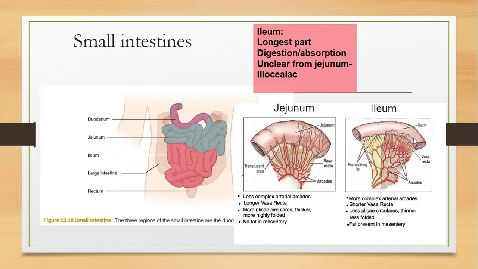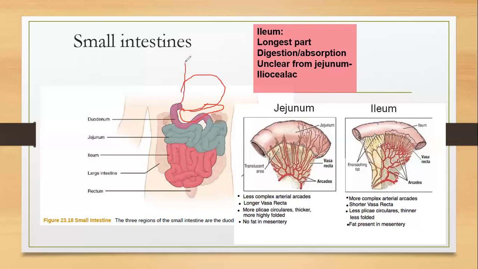So one way of distinguishing the 3 parts is number 1, you find that the duodenum forms a C shape around where the stomach is. So the stomach will be located here, and embedded in between here is the pancreas. So we have the stomach and the pancreas.